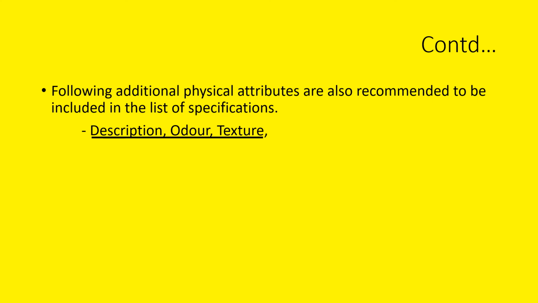Instead of visual discrimination, a suitable instrumental method may also be used. See how much content is there in that chapter 631. The test may look very simple. Description, odor or texture. It is very important that you have to go through this chapter of USP 631 fully.